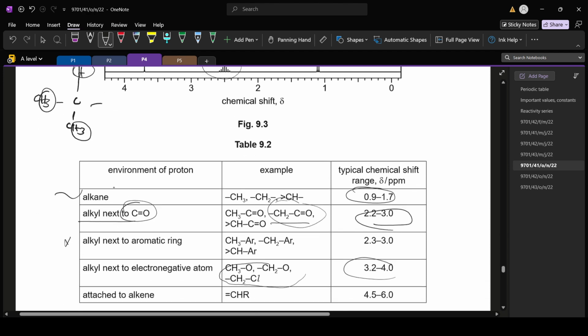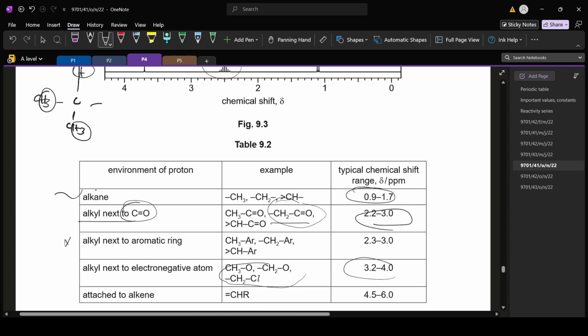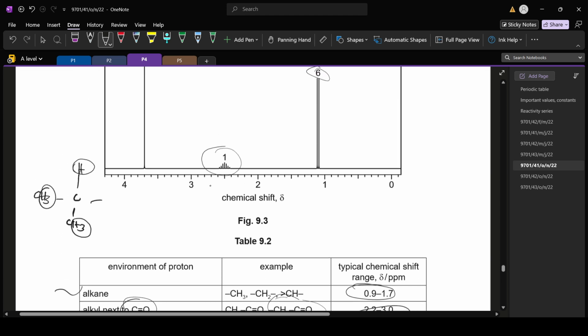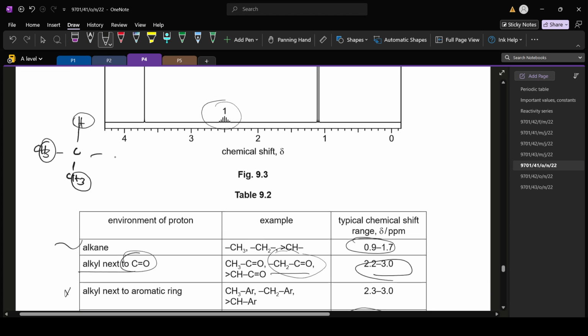Now moving towards the next, which is in the chemical shift of 2.2 to 3, so this will have a carbonyl group attached, CH, like this. So this will have this group, because this is in the chemical shift range of 2.2 to 3.